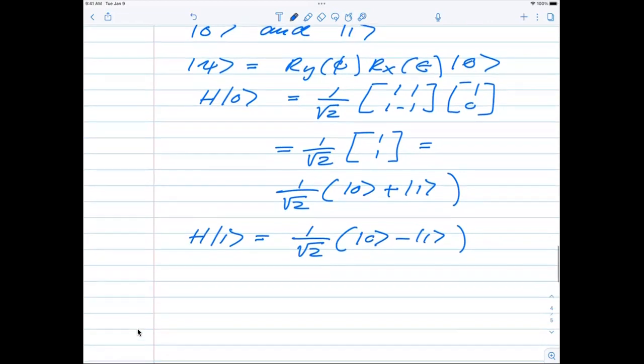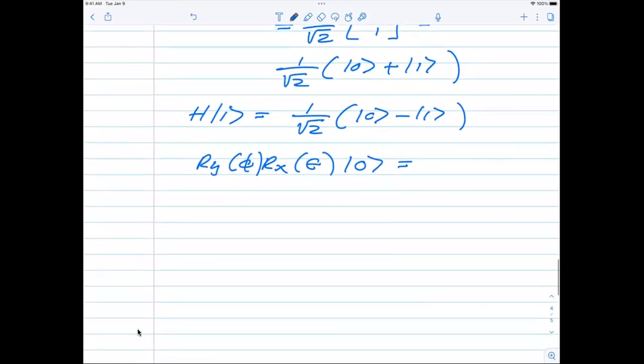When we have performed an operation with Ry and Rx of theta, what we get when we act on 0 is a linear combination.